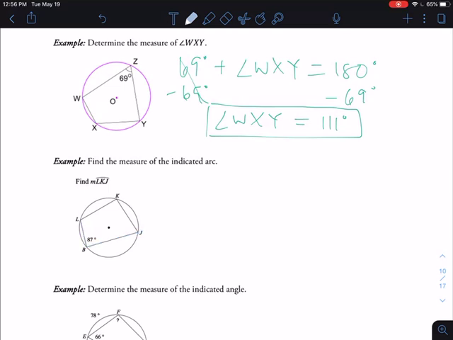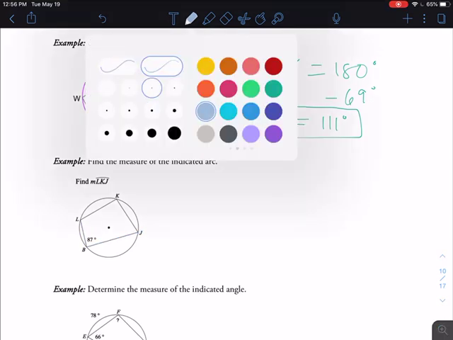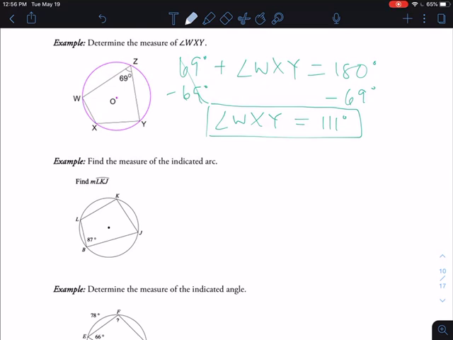That is very handy because that means we can say that arc LKJ, it's a bad arc, I'm going to redraw that. There we go. Arc LKJ is equal to 2 times angle LBJ, and we know that angle LBJ is 87 degrees.